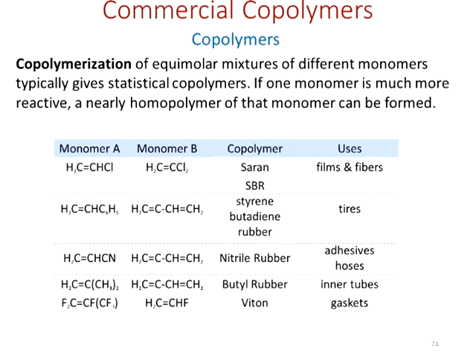Oftentimes when the chemists can't achieve it in one monomer, they will look for solutions by doing copolymerization. The stability of the product is typically just as stable as the homopolymers using a single monomer. Okay, so they'll be just as stable. And so these are the features we get from copolymerization.